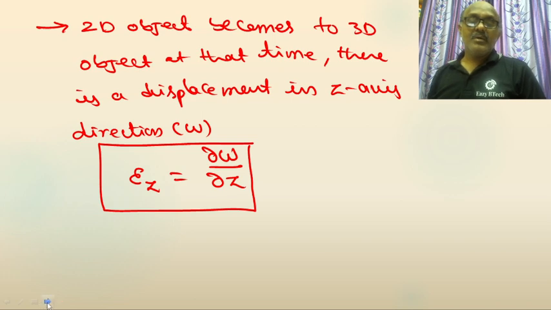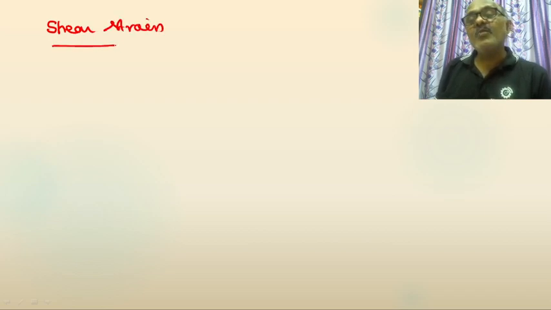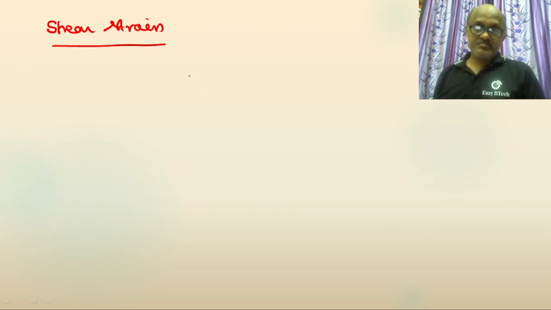Now all of it clear, my dear students? Now coming to shear strain. First of all, what is a shear strain? We will discuss here. What is meant by shear strain? That is represented with the letter gamma.